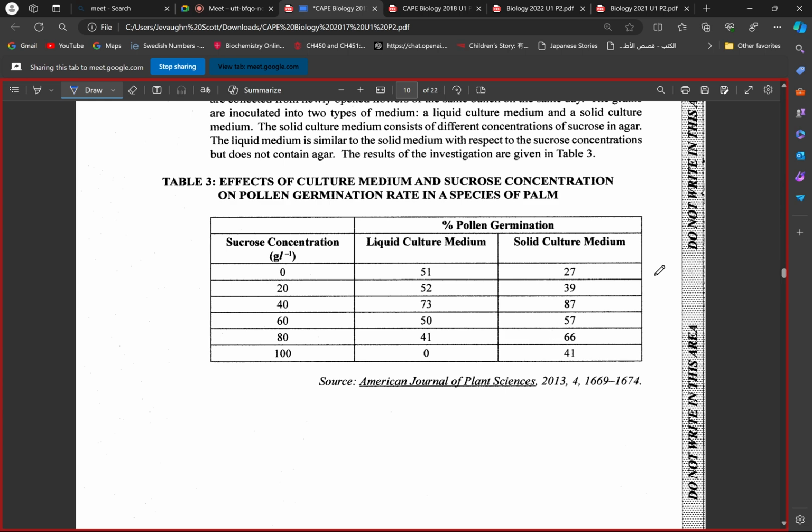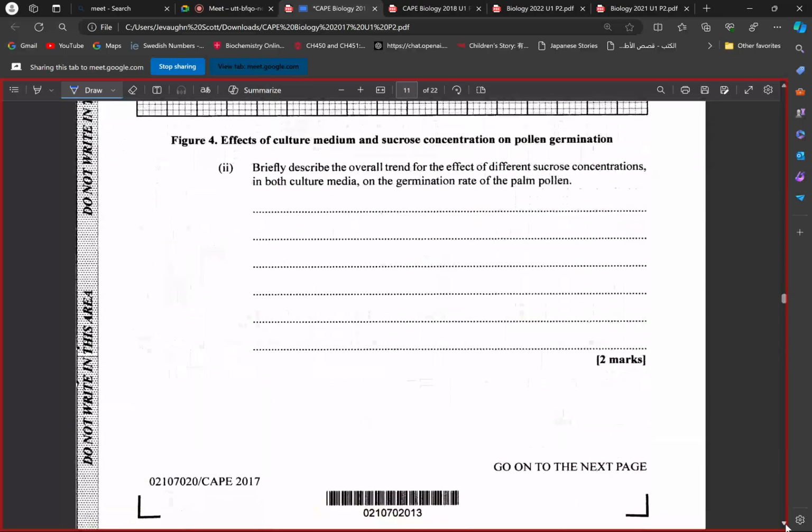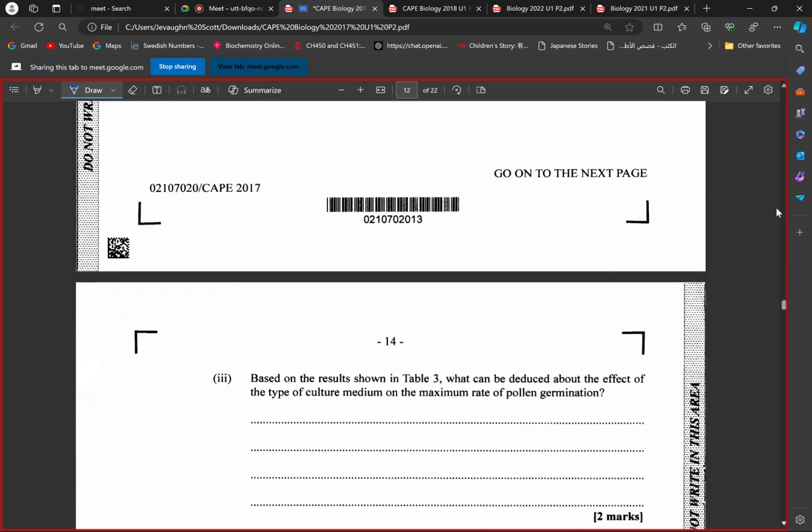You just have to differentiate between the two curves. Then we'll look at the conclusions that we can draw from the data. Because I'm on a digital platform, I won't be able to draw the graphs properly. We're supposed to describe the overall trend and the effect of the different sucrose concentrations in both culture media on the germination rate of pollen. Alright.